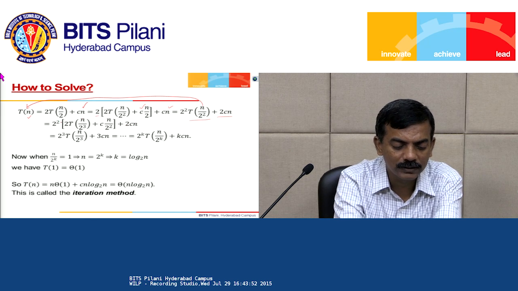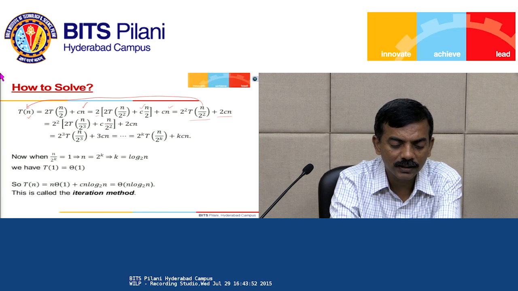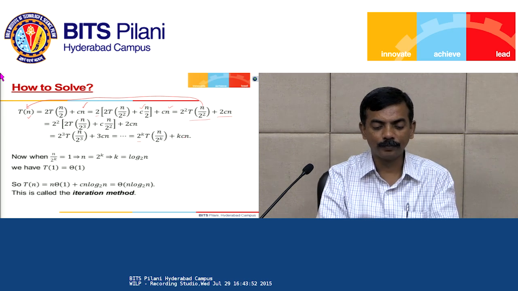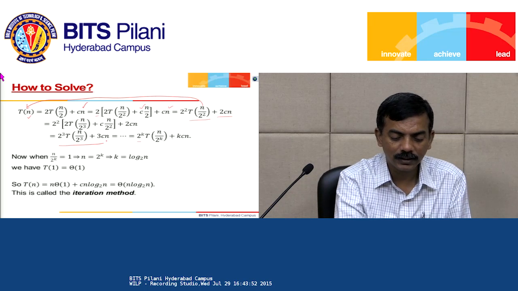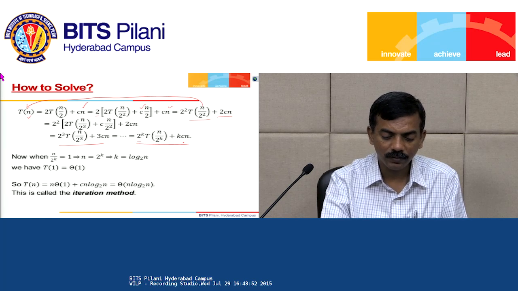Again, if I solve this, this is nothing but 2 cubed T(n/2^3) plus the 2 squared and 2 squared get cancelled. You get another extra Cn, so this becomes 3Cn. If you keep on doing this one after another, you will get at some point 2 to the power k T(n/2^k) plus kCn. Right? Just look at this and look at this. They are similar. So that's what we will get.